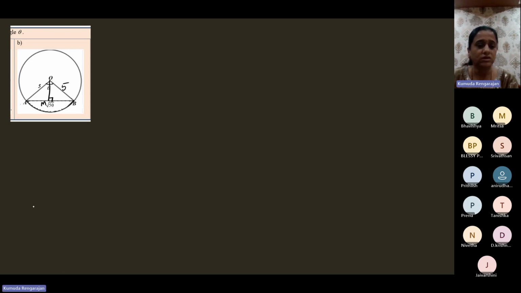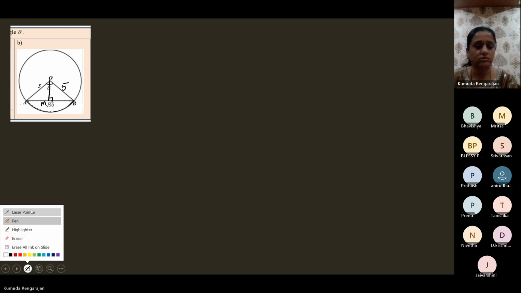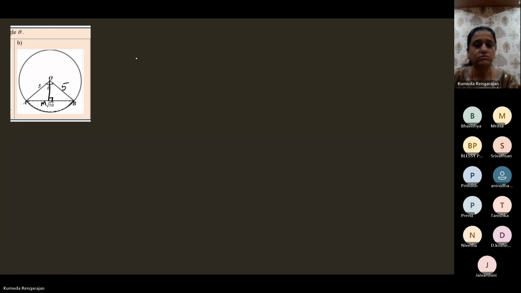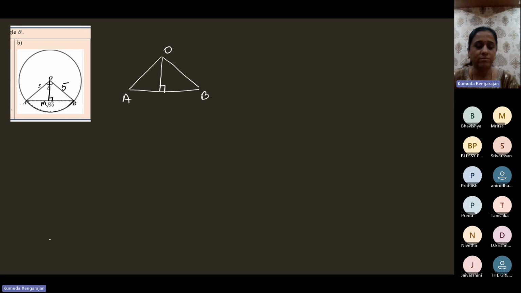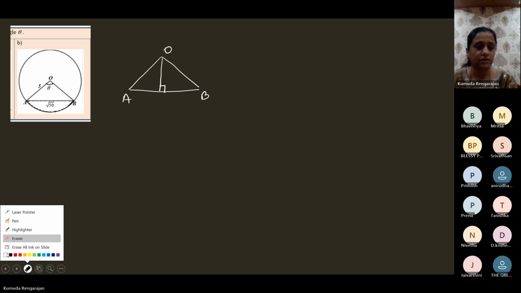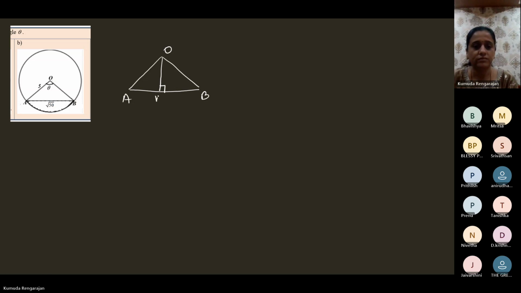Now, I'll just draw the triangle alone. This is a triangle O, A, B, and we drop OM perpendicular to AB. This is 5. This is 5.